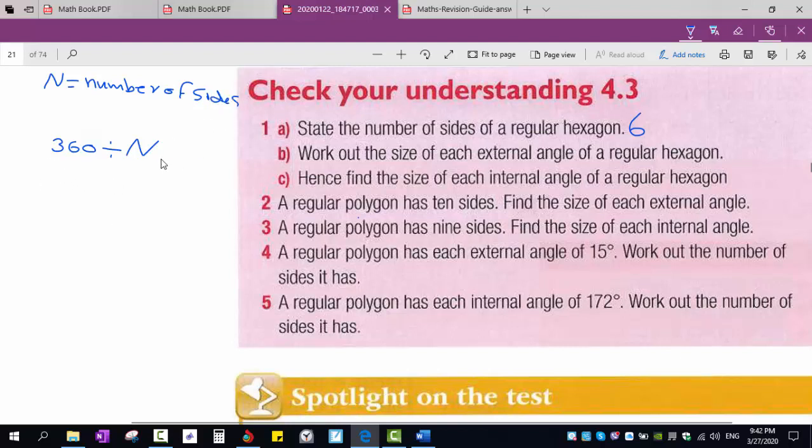So 360 divided by the number of sides gives the external angle. Well, 360 divided by the number of sides of a hexagon, which is 6. So 360 divided by 6 is equal to 60 degrees.